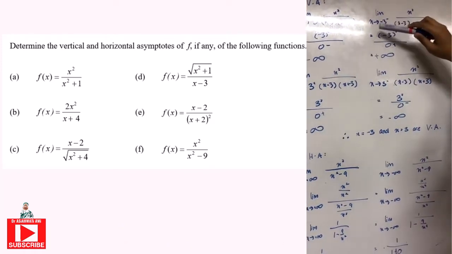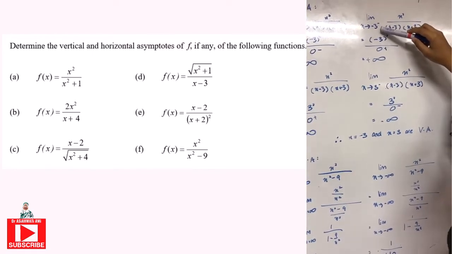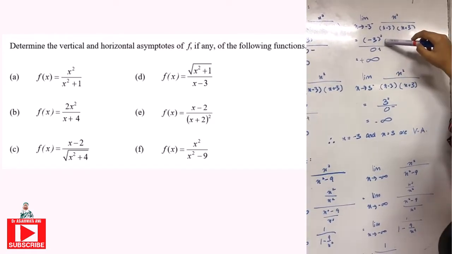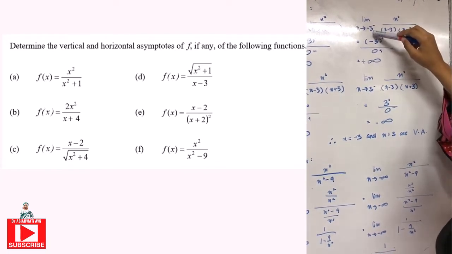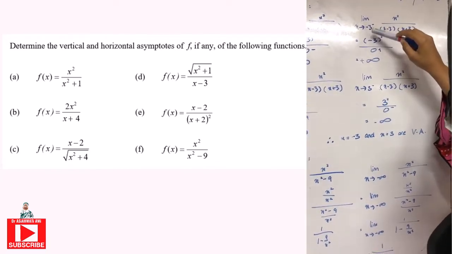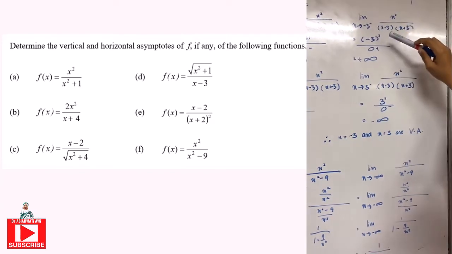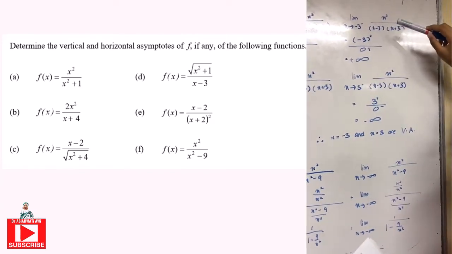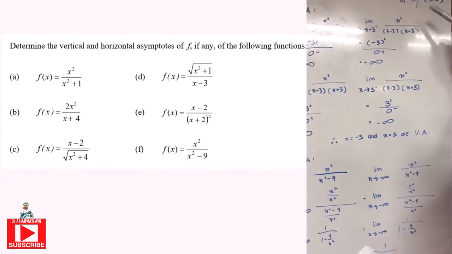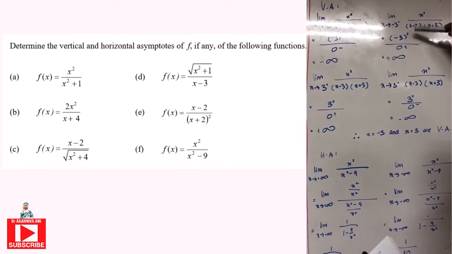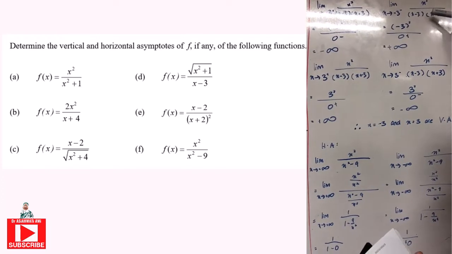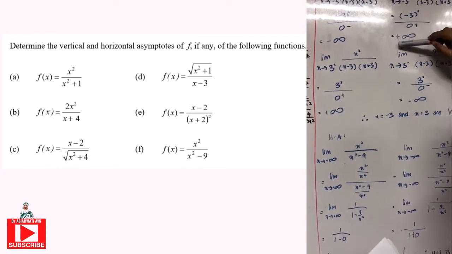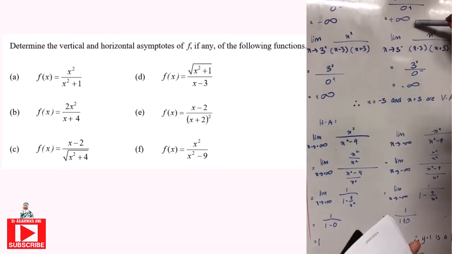For the limit as x approaches negative 3 from the left, same thing, we substitute negative 3 and get infinity. We take one example such as negative 3.1 and substitute it in. The numerator is positive, the denominator is negative times negative, which is positive. So the answer is positive infinity.